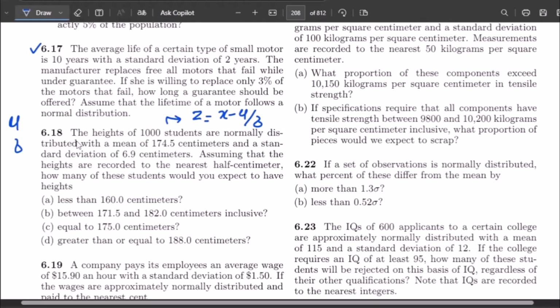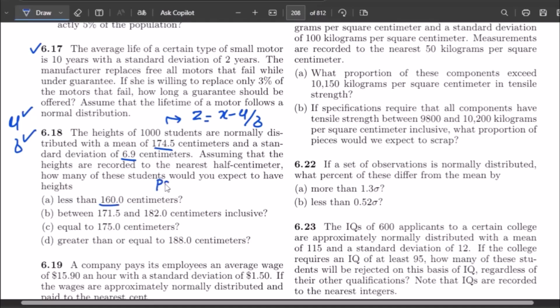Similarly, in question 6.18, what is the statement? The heights of 1000 students are normally distributed with the mean of this and a standard deviation of this. We are given this mean and standard deviation. Assuming that the heights are recorded to the nearest half centimeter, how many of these students would you expect to have heights less than 160?